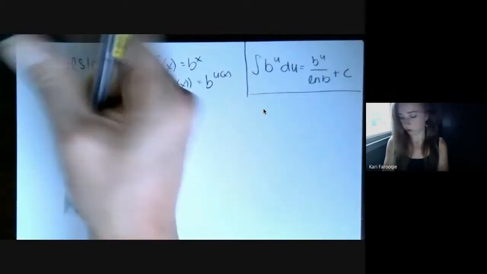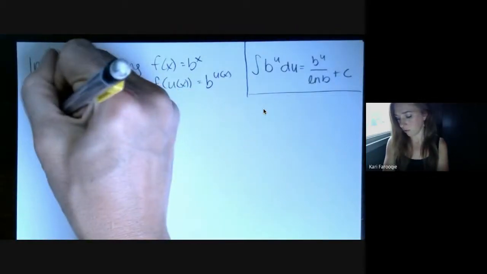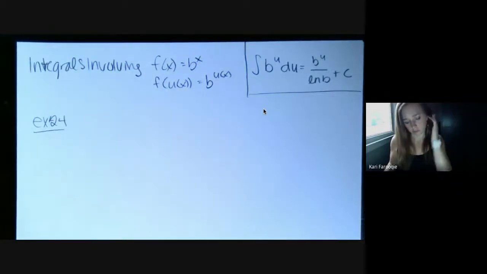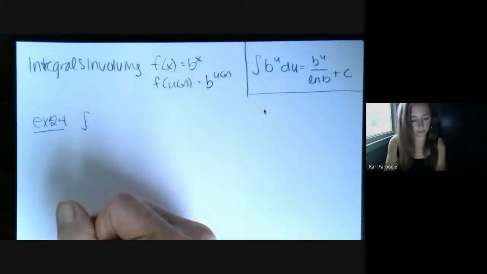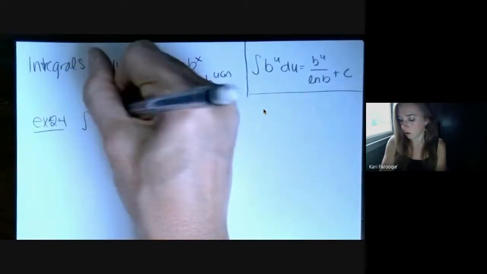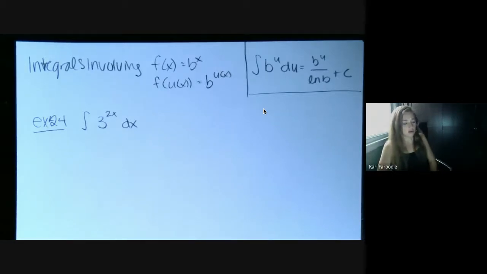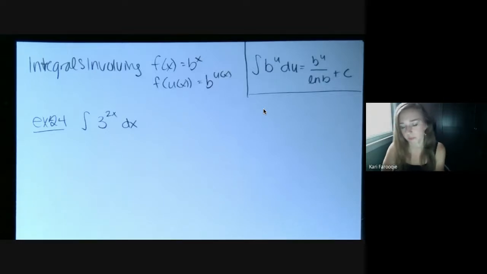So this will be example 24: the integral of 3 to the 2x dx. You might have seen some of these on your homework because we technically did go through these derivatives, and I did give you the formula in that table. I can't remember if I included any of them in the homework or not.